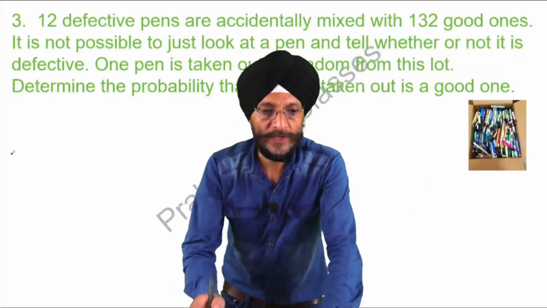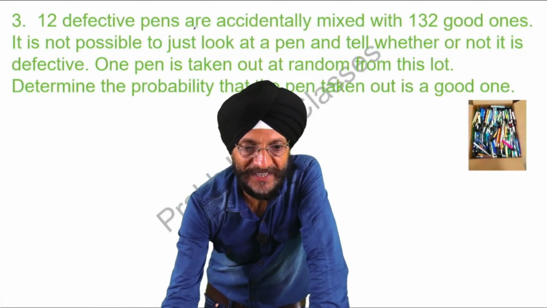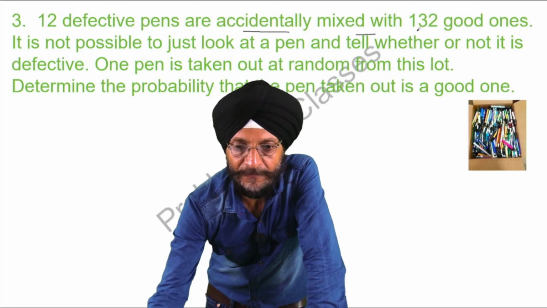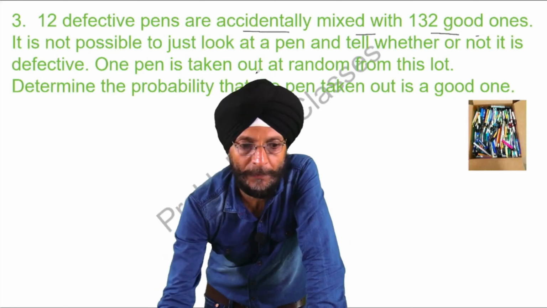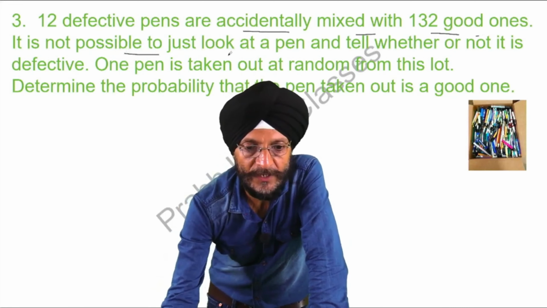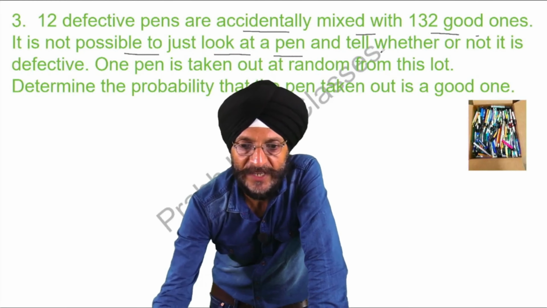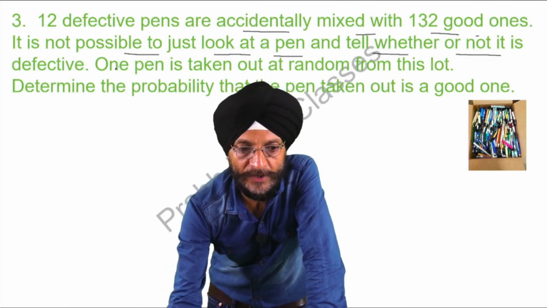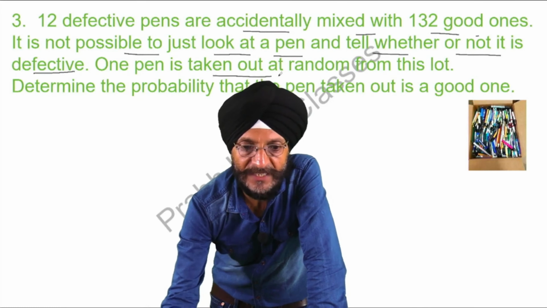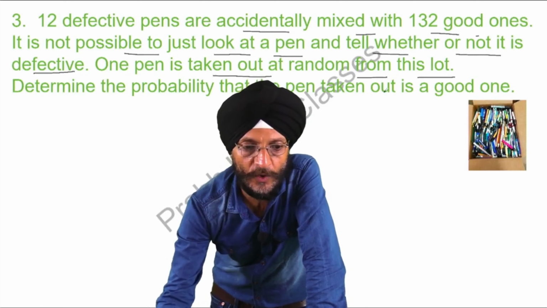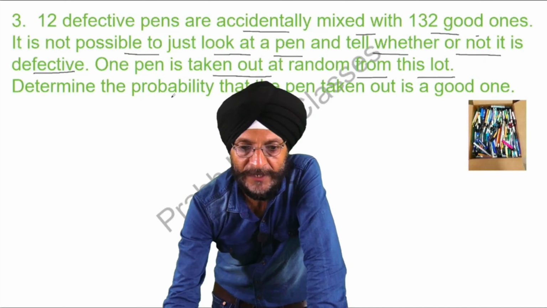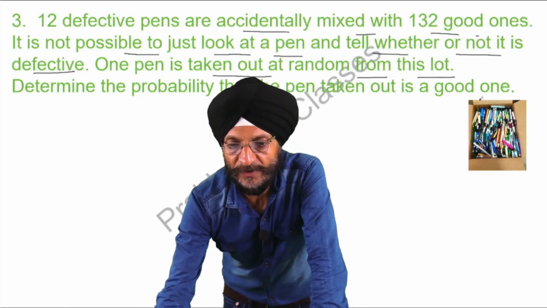Now the question before us is: 12 defective pens are accidentally mixed with 132 good pens. It is not possible to just look at a pen and tell whether or not it is defective. One pen is taken out at random from this lot. Determine the probability that the pen taken out is a good one.